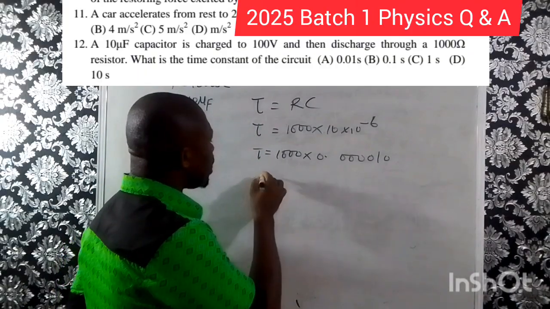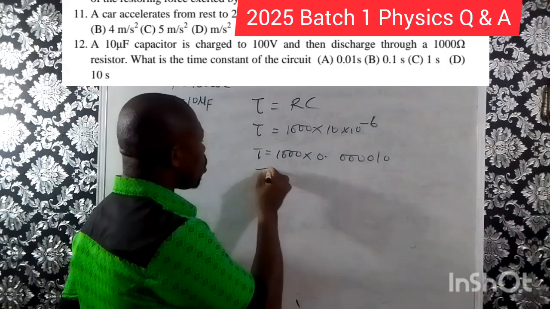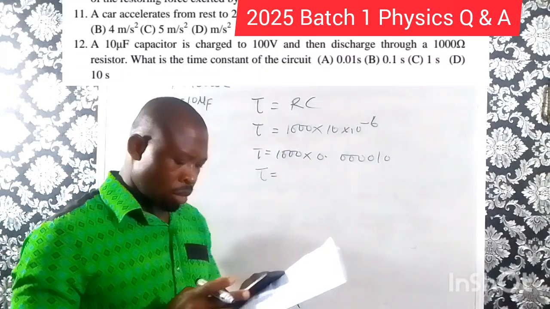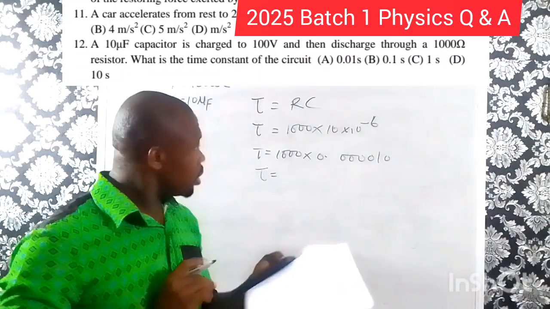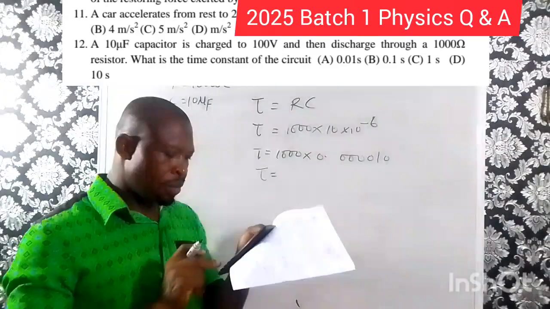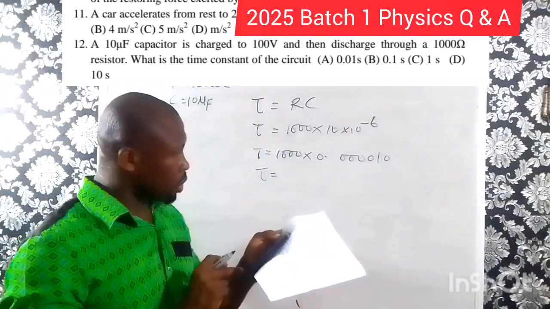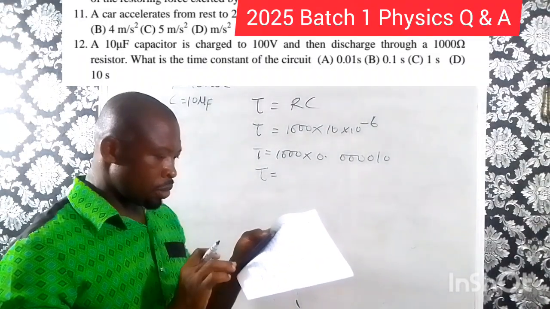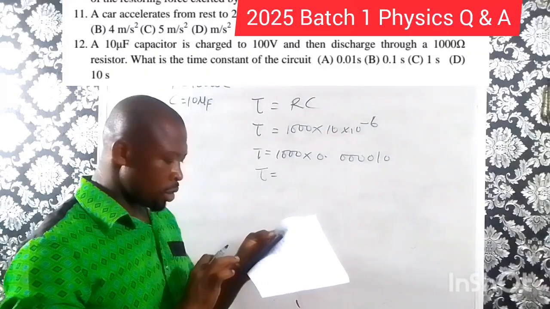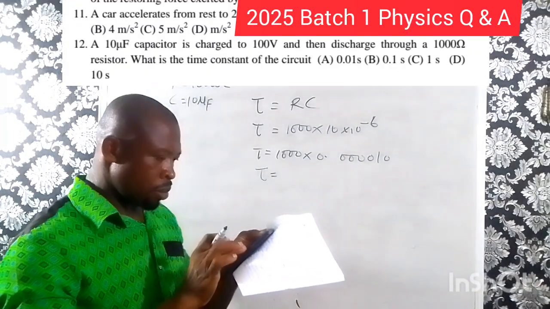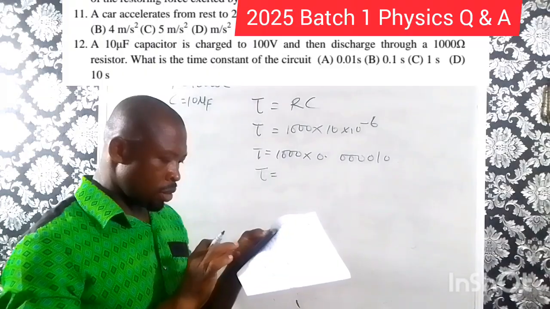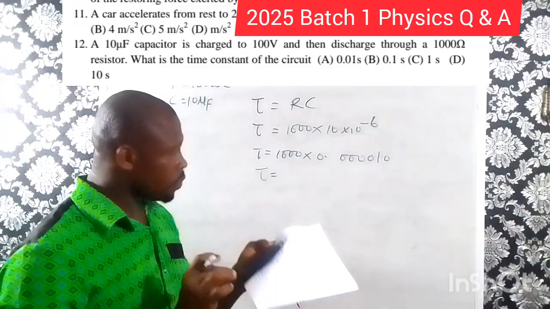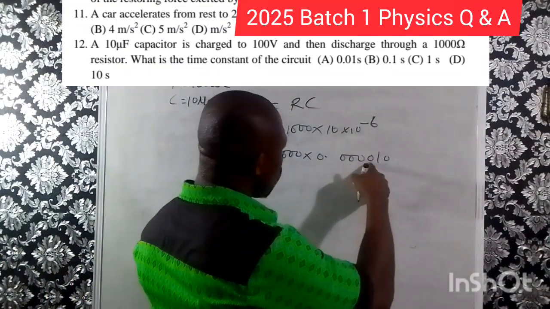If you multiply this, we have that tau is equal to 1000 multiplied by 0.00001.